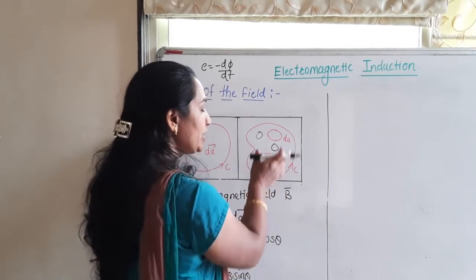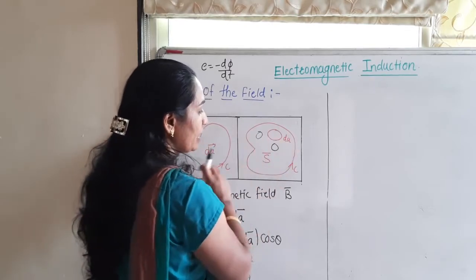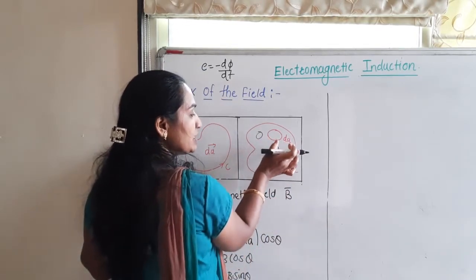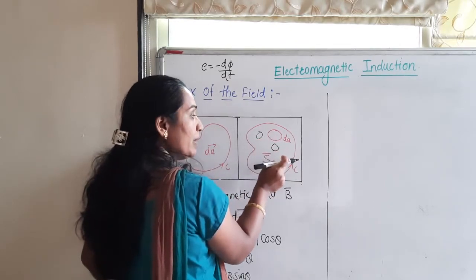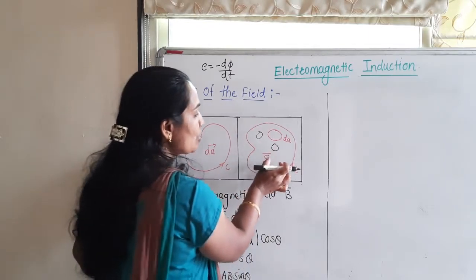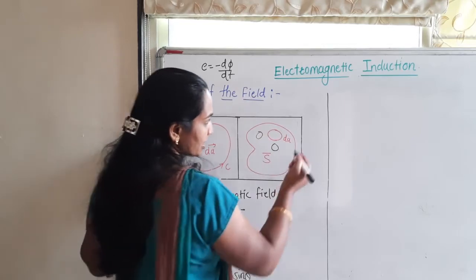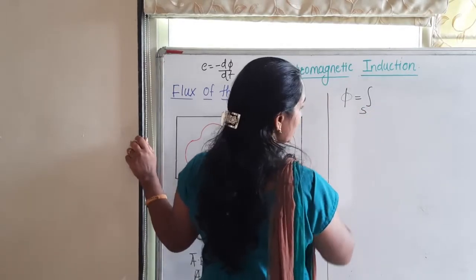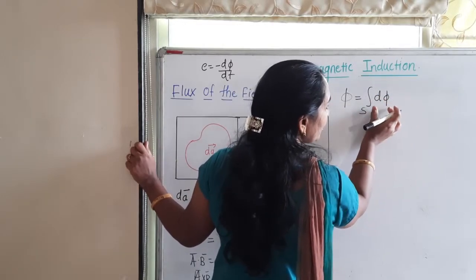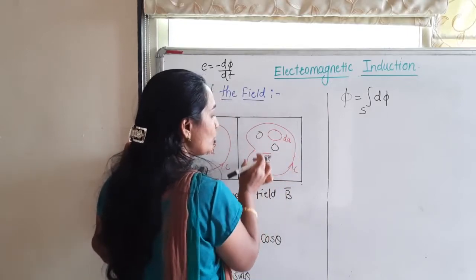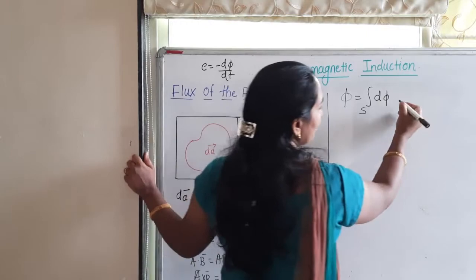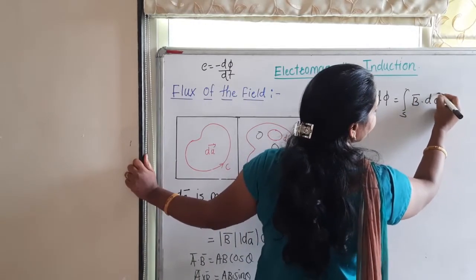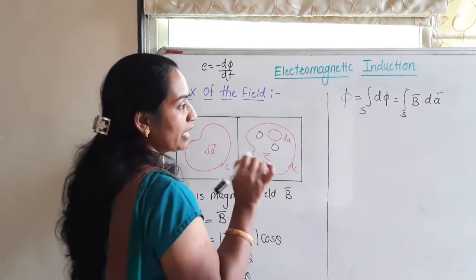So the area is divided into small areas dA, and the flux associated with each is d phi. To calculate the total flux, we add all these small fluxes. The symbol for the total flux is phi, which is the integration over the area S of d phi, which is equal to the integral of B bar dot dA bar.